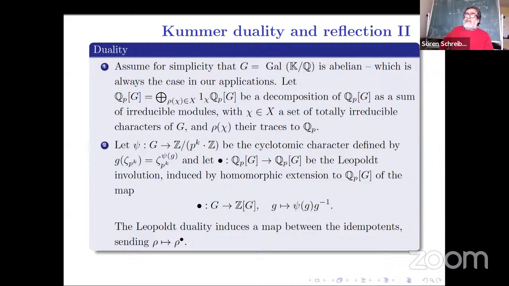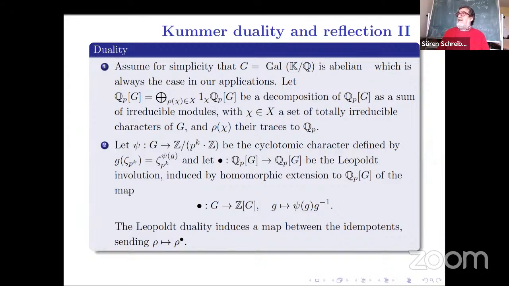Then the main thing about reflection is the following: point 2. I defined a cyclotomic character psi of G, which is a character which tells you to which power a group element maps a root of unity. That is, G of zeta p to the k is sent to zeta p to the k to the power of psi of G. It's a cyclotomic character. And with this, you have the Leopold involution, which is Kummer duality.